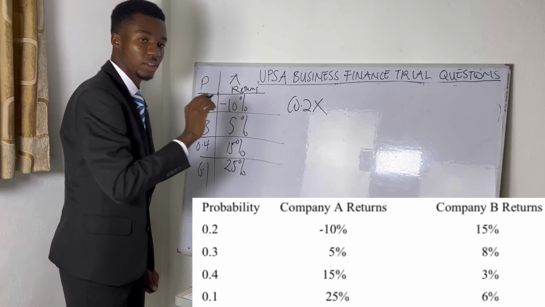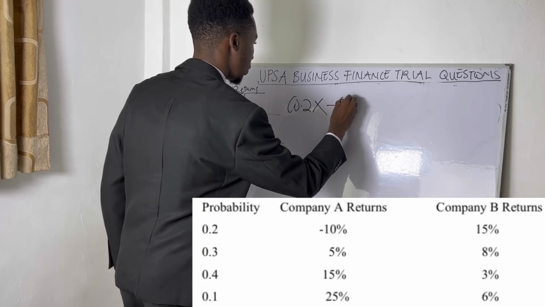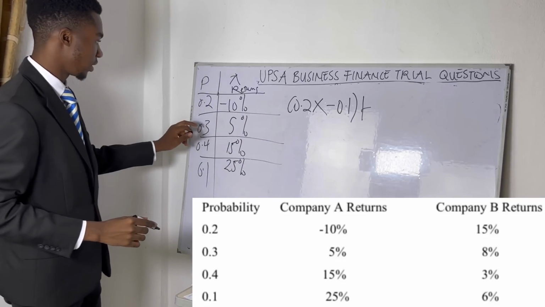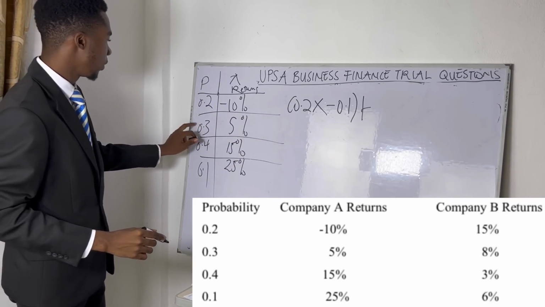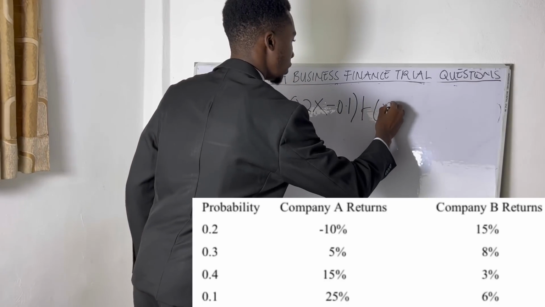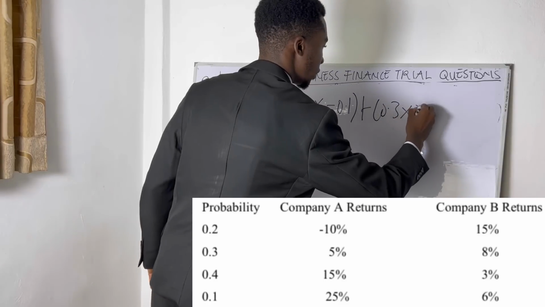You do negative 10% over 100, and you get negative 0.1. That's for the first one, which is the recession. Then the second one will be 0.3 times 5%, and 5% as a decimal is 0.05.